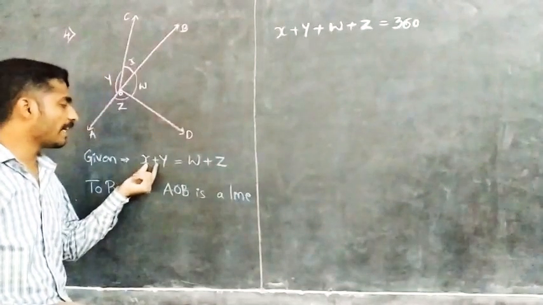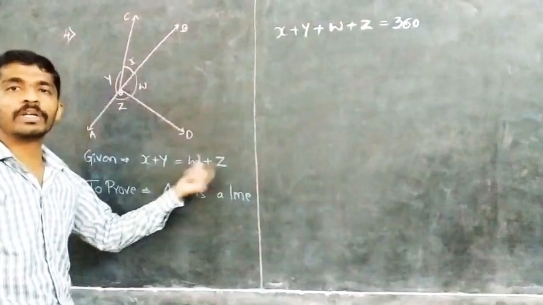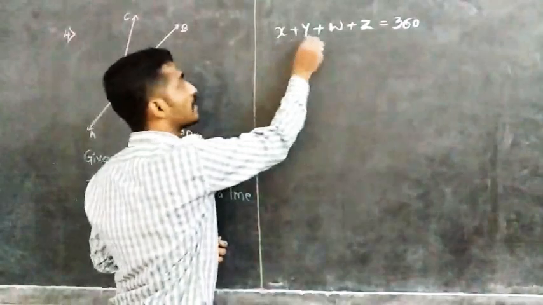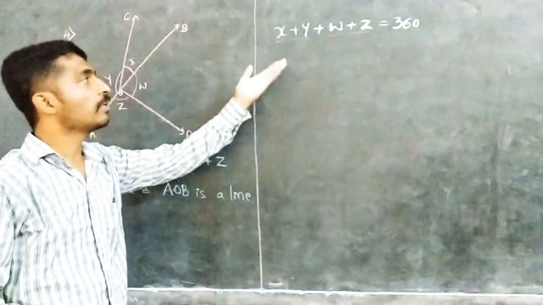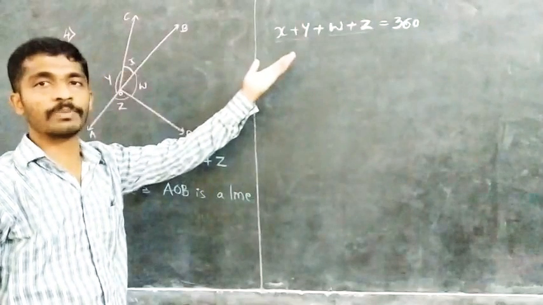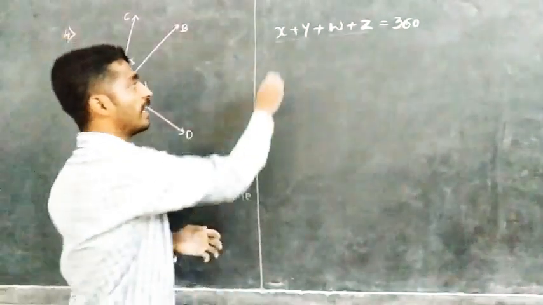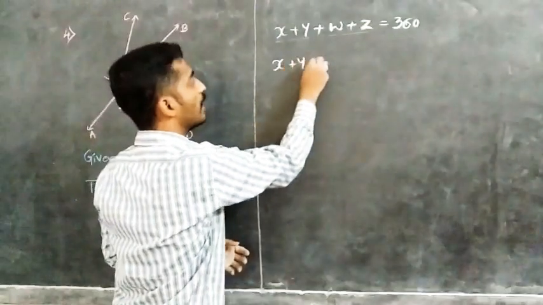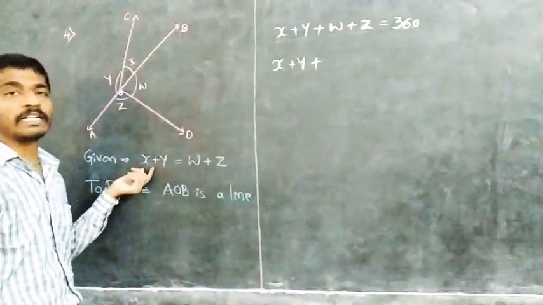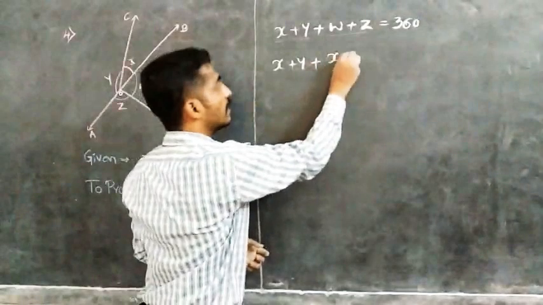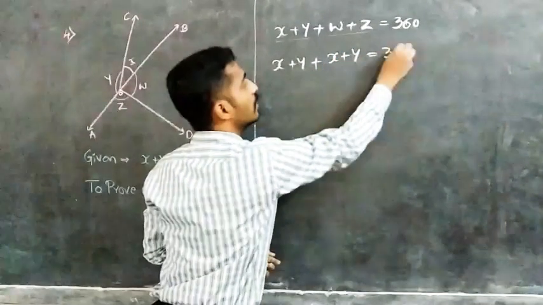We know that x plus y equal to w plus z. So in place of w plus z, I will write x plus y. So x plus y plus x plus y equal to 360.